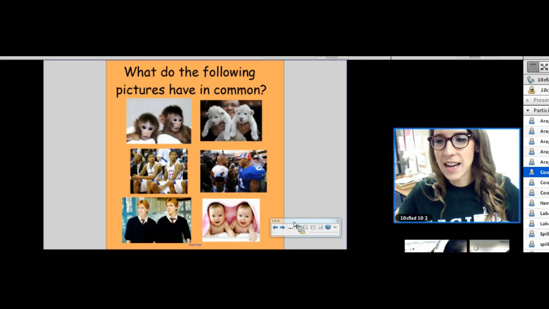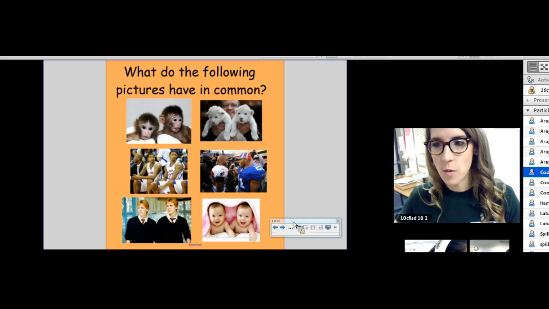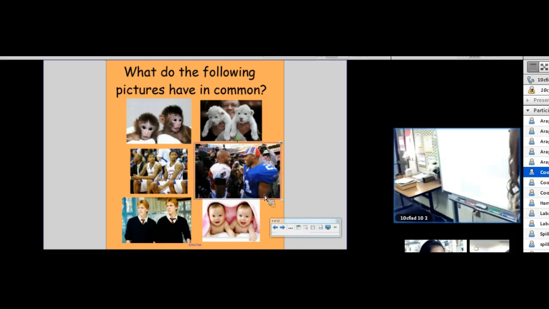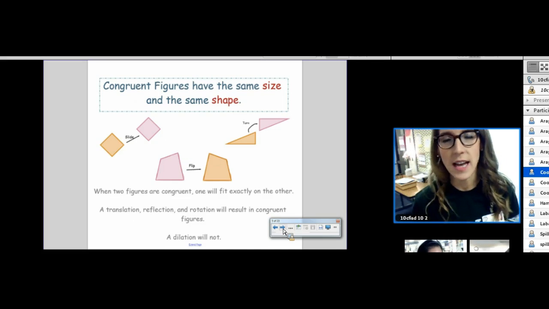Get out your notes and call it congruent figures. Congruent figures. Why am I showing pictures? What does this have to do with congruent figures? They are all identical twins, exactly. So, what does it mean for figures to be congruent? You can write this down.